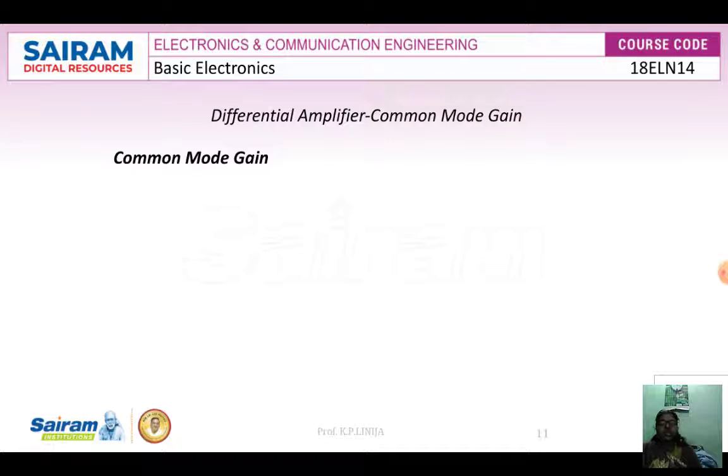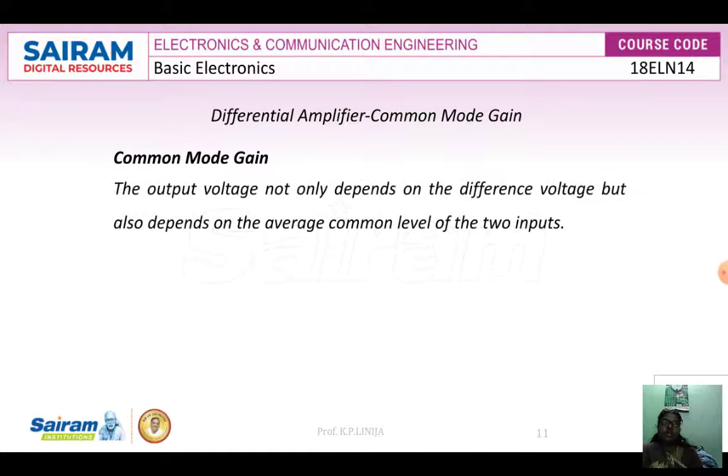But practically, the output voltage not only depends on the difference voltage, but also on the average of the two inputs. Such a signal is called a common mode signal. The common mode signal voltage is represented as Vc. Therefore, the average of the two signals is Vc is equal to (V1 plus V2) divided by 2.